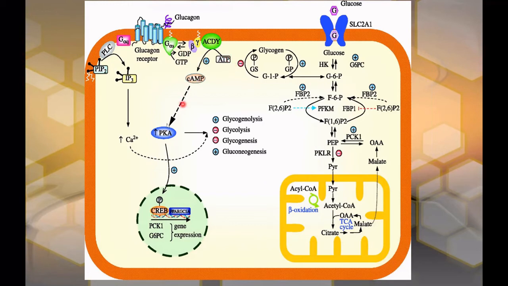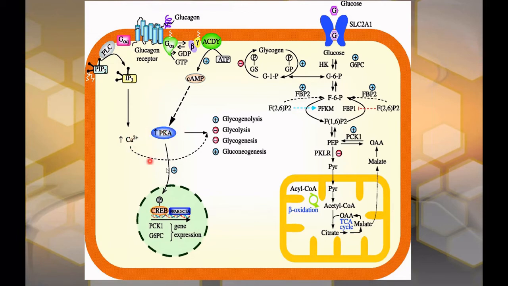The cyclic AMP activates protein kinase A, and the protein kinase A activates cyclic AMP response element binding protein, and it activates several gene expressions for several proteins. So the phospholipase C converts phosphatidylinositol diphosphate to inositol triphosphate, which increases the calcium concentration inside the cell.